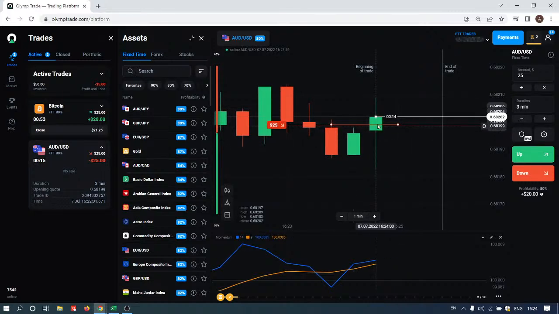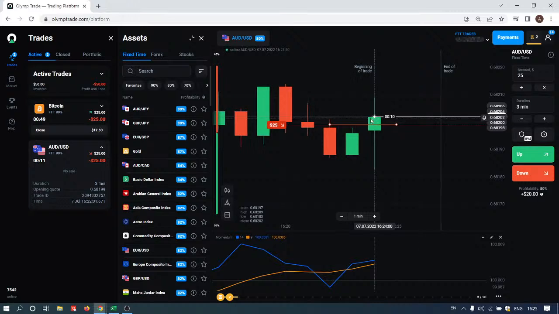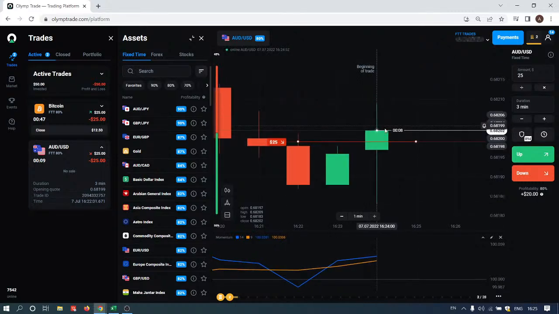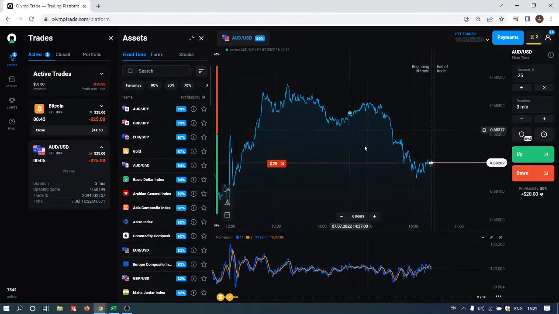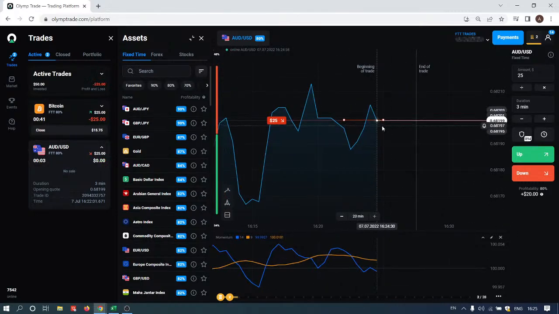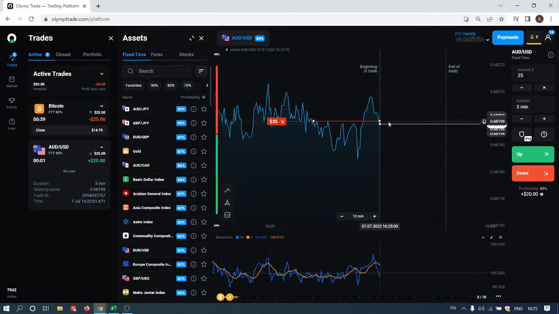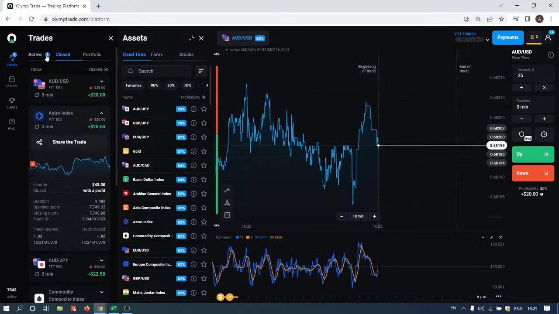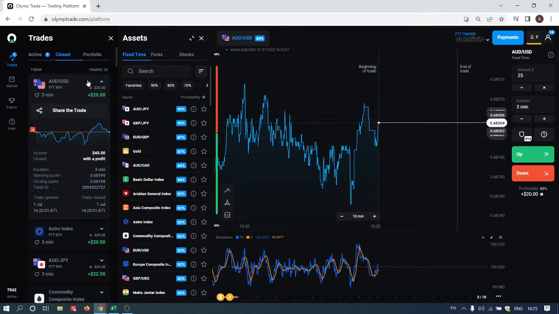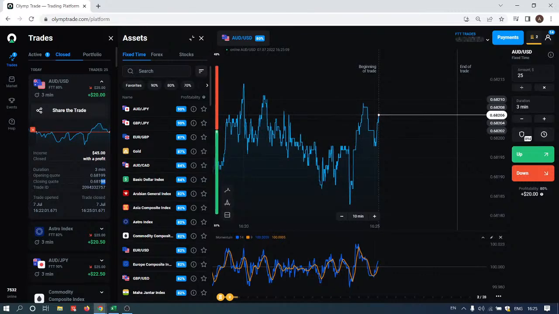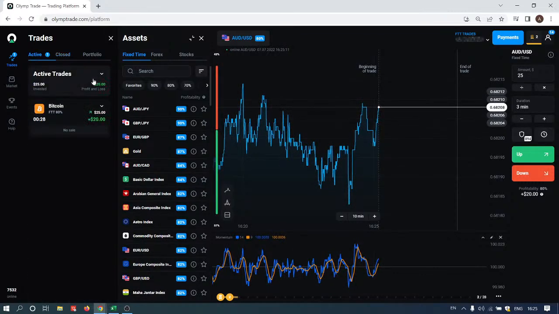Huh. Let's see. 15 seconds to go. 10 seconds to go. So very close. Is it a win? Yes, it's a win. Wow, wow. Guys, I'm impressed today by the market. It's a 1 pip close in the profitable direction.